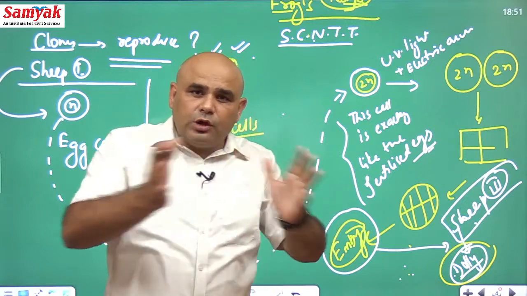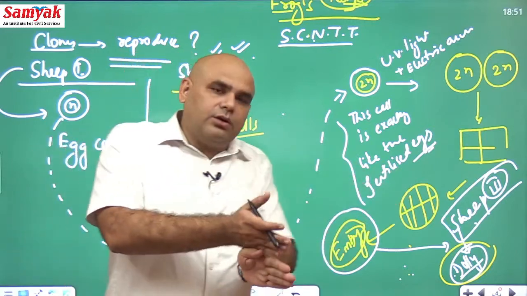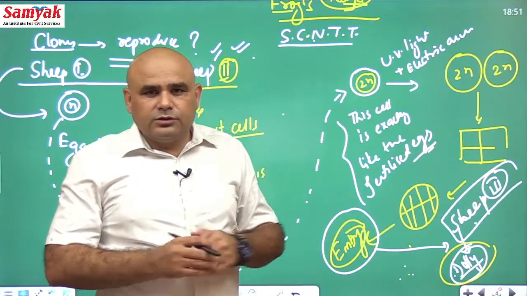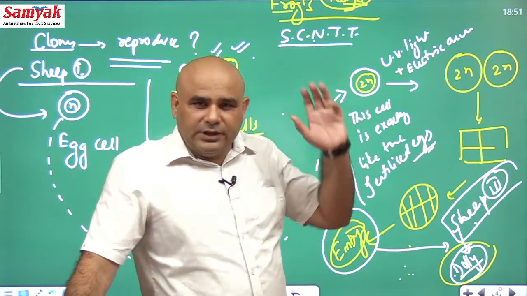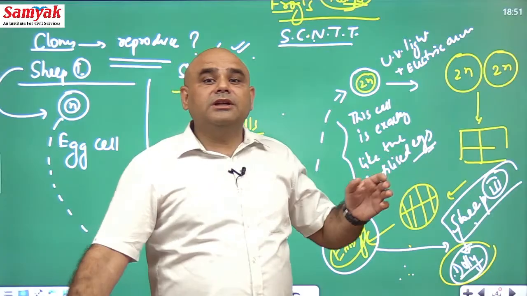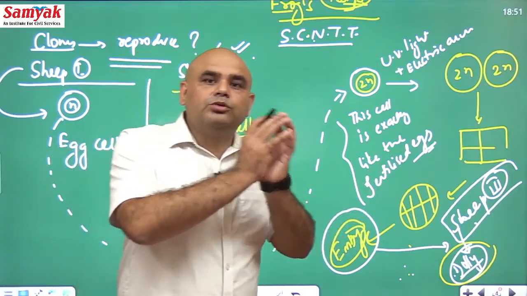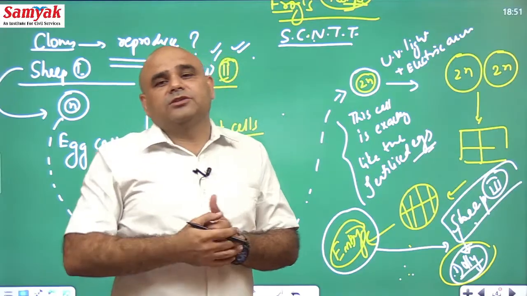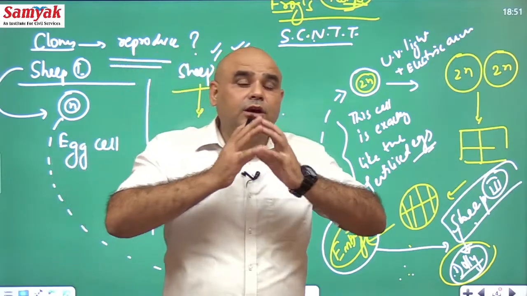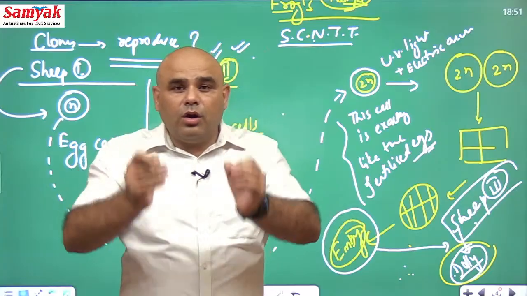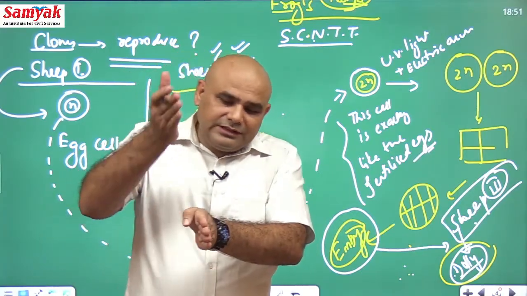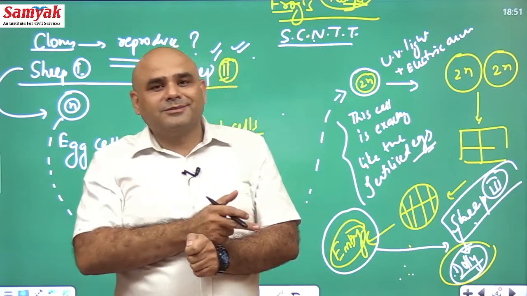So there were 6 offspring of Dolly, and later on the offspring of Dolly also reproduced normally. From here on, the myth about whether clones are capable of reproducing was broken. Scientists were able to prove from the case of Dolly that yes, clones are like normal entities. There is nothing different other than the chromosomal sets.